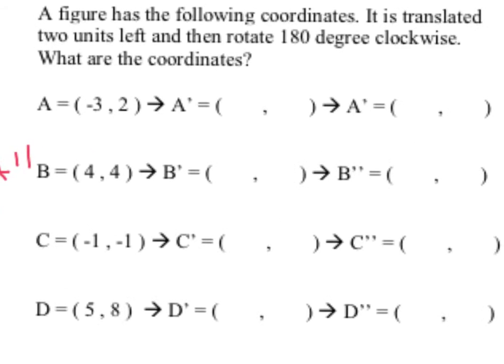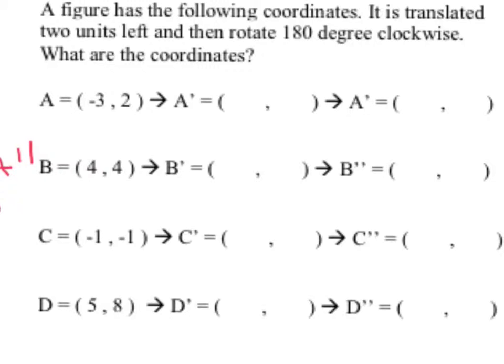All right, a figure has the following coordinates. It's translated 2 units to the left and then rotated 180 degrees clockwise. So the first transformation is the translation 2 units left. How does that affect my coordinates? Translated 2 units to the left. Crescent, how does that affect my coordinates?